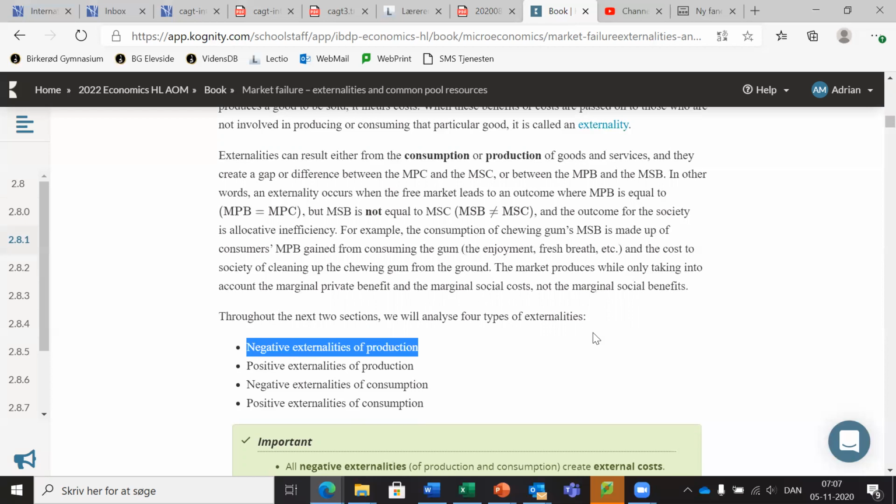The marginal private cost is the cost of producing the steel. The marginal social cost is this cost plus the pollution. For the positive externalities of production, we'll look at the example I used from beekeeping. Bees produce a positive externality to the rest of society. That's what makes their marginal social cost lower than the marginal private cost. And then we'll talk about these ones here as well, briefly.